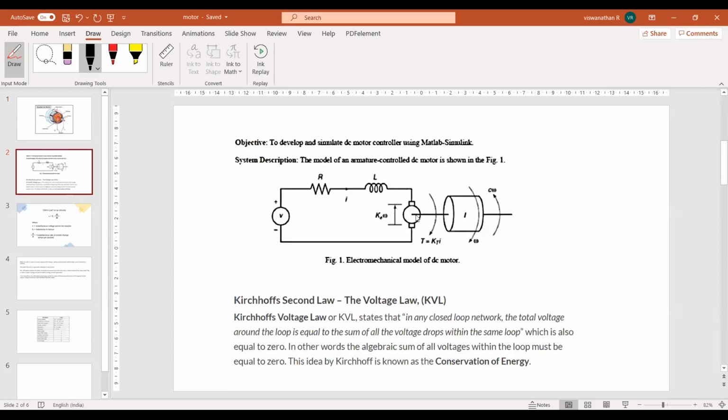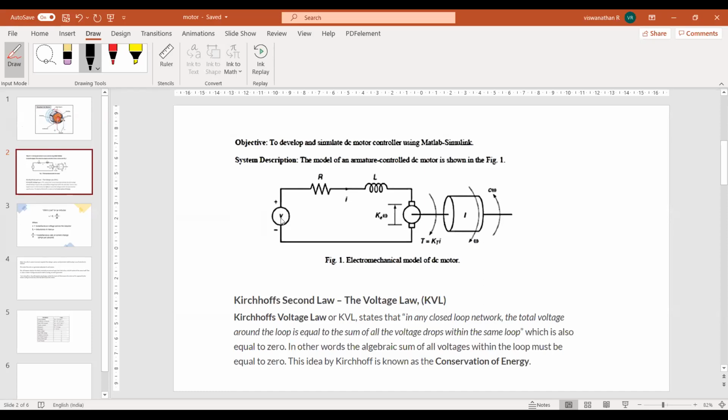And then are you aware of this back EMF thing? Have you heard of back EMF? Yes, sir. Okay, what do you mean by back EMF? Any idea? As you increase the voltage, within the motor there is generation of EMF, within the motor itself, which is opposing the input voltage.